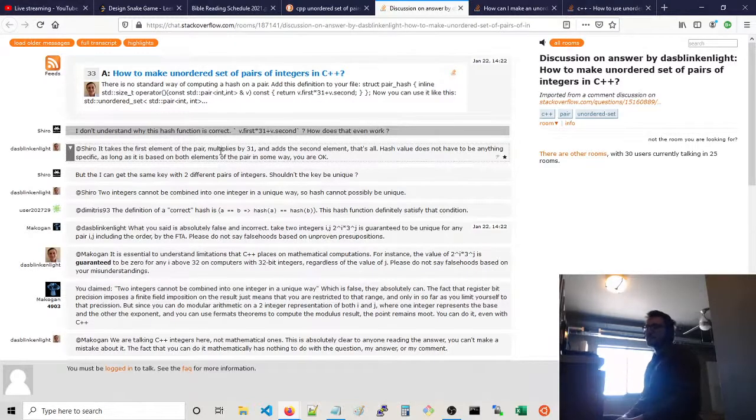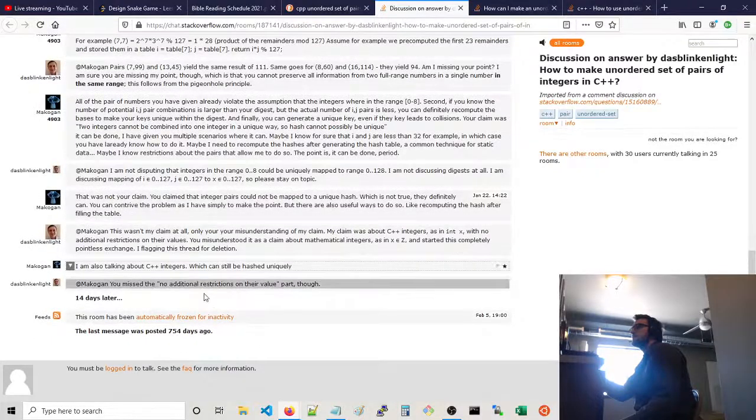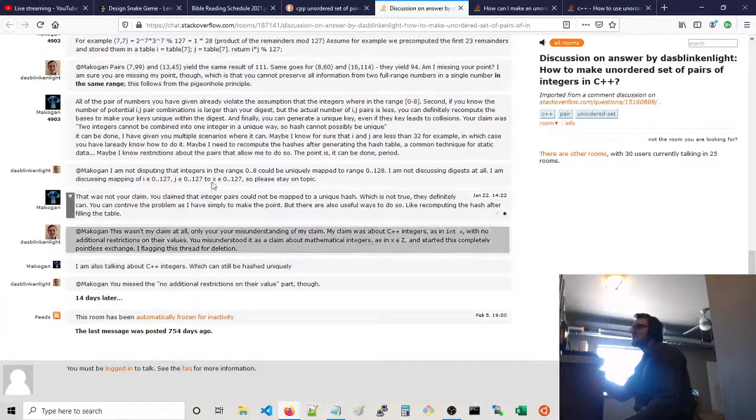The underlying data structure is designed to handle collisions. So you just need a good enough hash function. And that's all that has to be said here. But here you have this long thread back and forth of 14 days later, frozen for an activity. It's like, oh boy.